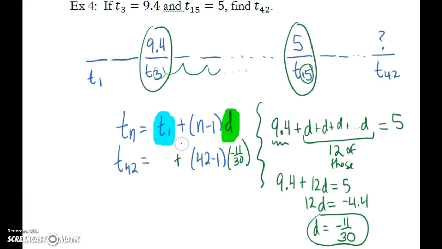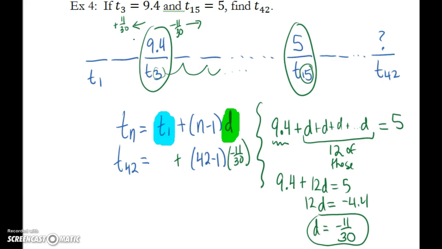Now we need to find t1. So if we are subtracting 11/30 to go in this direction, we're going to be adding 11/30 to go in the other direction. So you're going to add 11/30 twice to 9.4. So 9.4 plus 2 times 11/30.